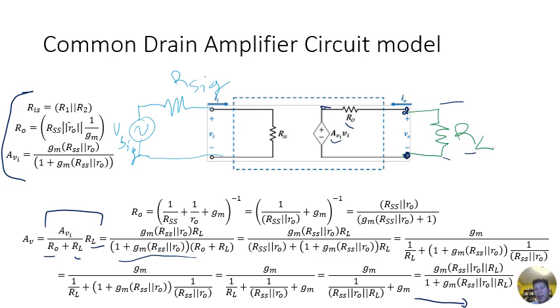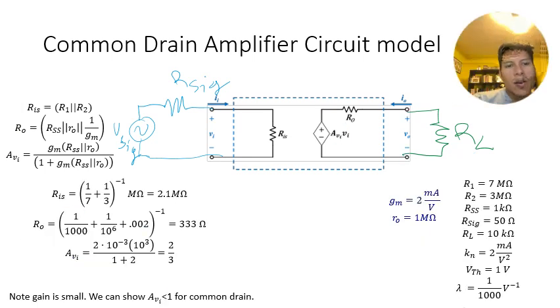Now we're going to actually plug in some numbers. Okay, so now I will actually plug in the correct values for the common drain amplifier. And as we can see here, RSS is 1 kilo ohm. So we have 1 over 1,000. RO is 1 mega ohm, so 1 over 1,000,000.